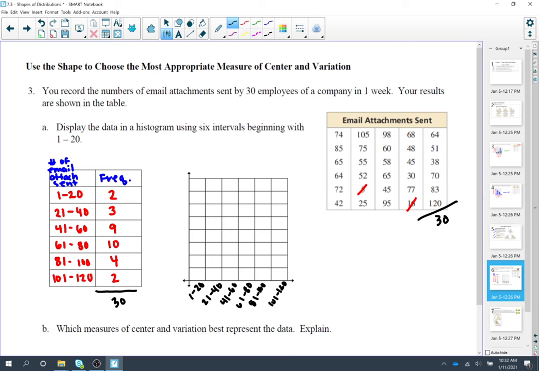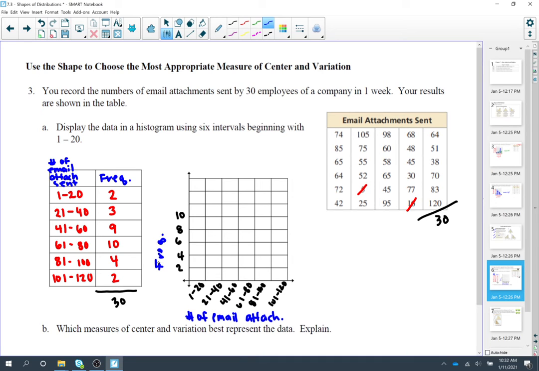So I'm going to count by twos: 2, 4, 6, 8, 10. Don't forget to label. So this is number of email attachments. And then this is your frequency, which we can abbreviate FREQ.